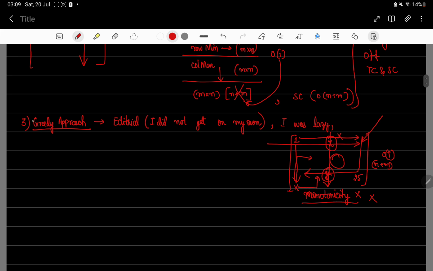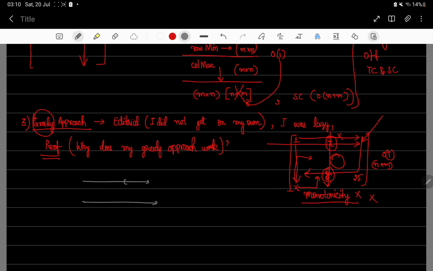In editorials, anytime any greedy approach is there, we have to prove it. Why does my greedy approach work? So let us consider that in some row R1 and this is R2, this is completely whatever the editorial gave.